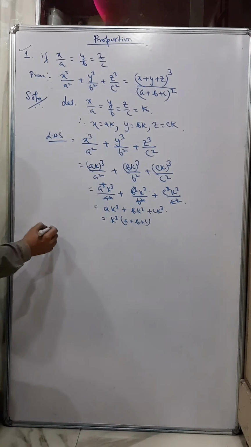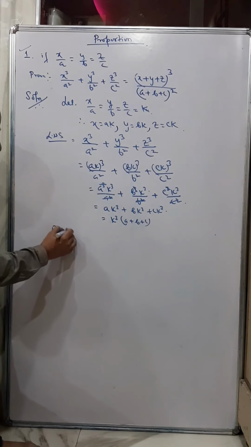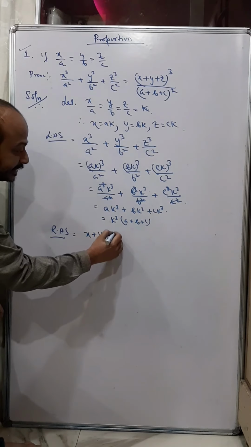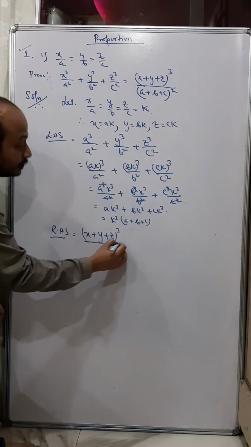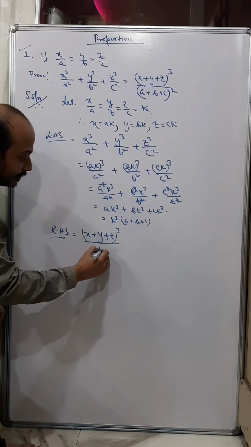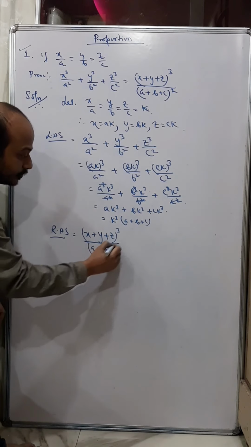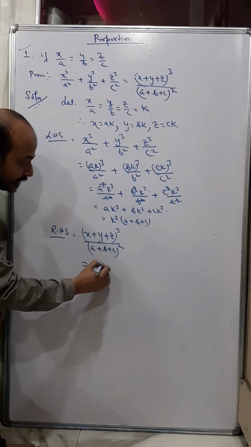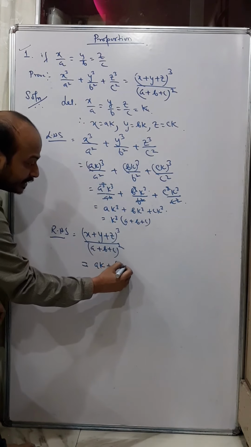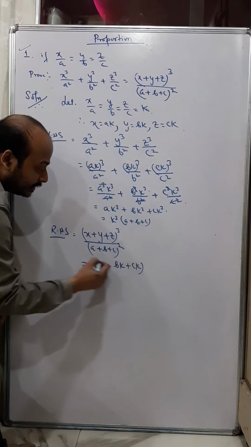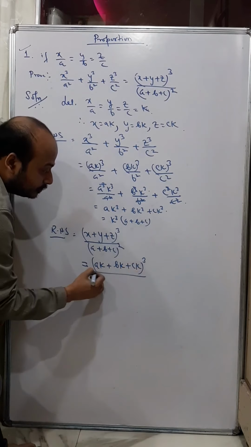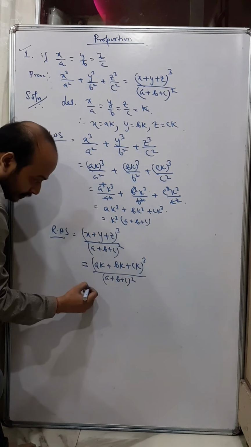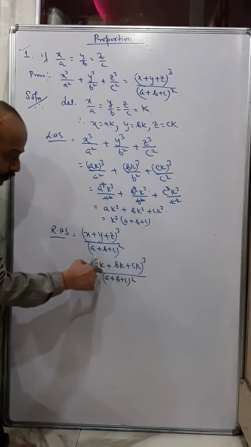Okay, so just see. Now RHS, if you see, what I got is x plus y plus z whole cube by a plus b plus c whole square. Now put the values in place of x: ak plus bk plus ck whole cube, by a plus b plus c whole square. I can take k common inside.